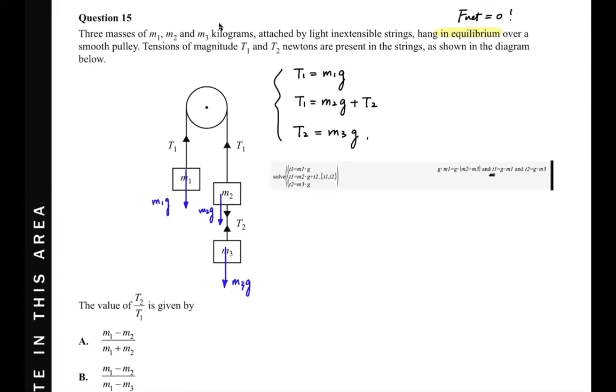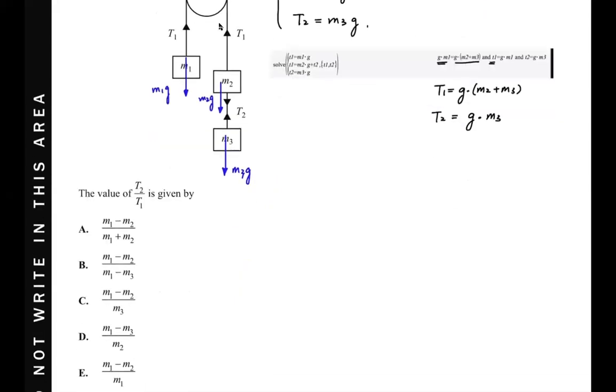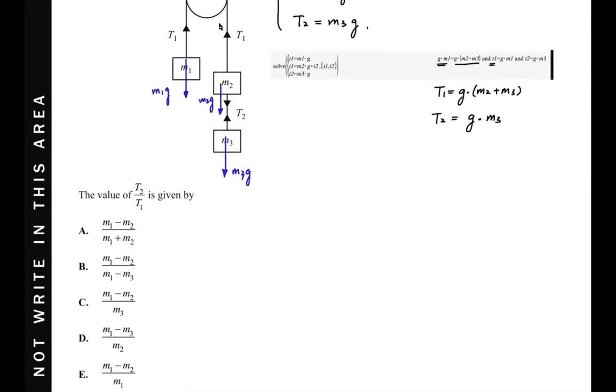So if T1 is GM1 and GM1 is this guy here, so T1 equals G times M2 plus M3. And the T2 is G times M3. So I would say T2 over T1 is G times M3 over G times M2 plus M3. Okay, so this will be M3 over M2 plus M3.